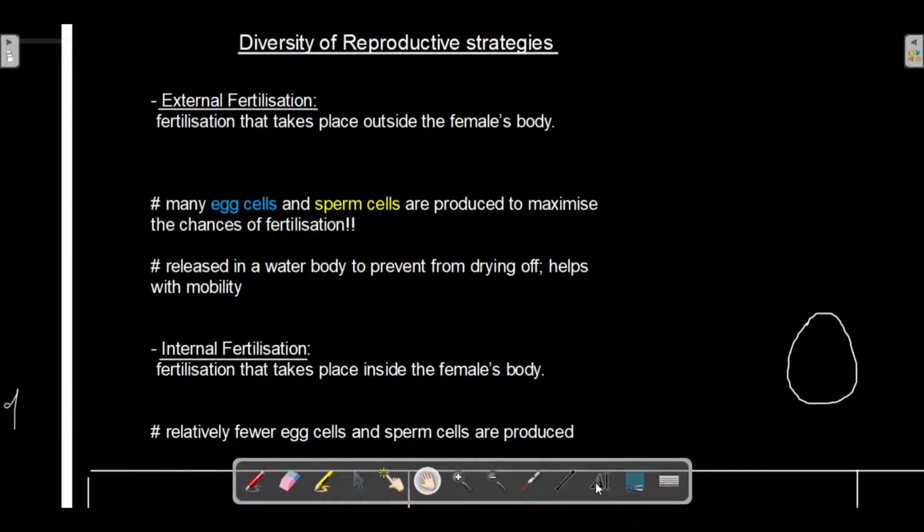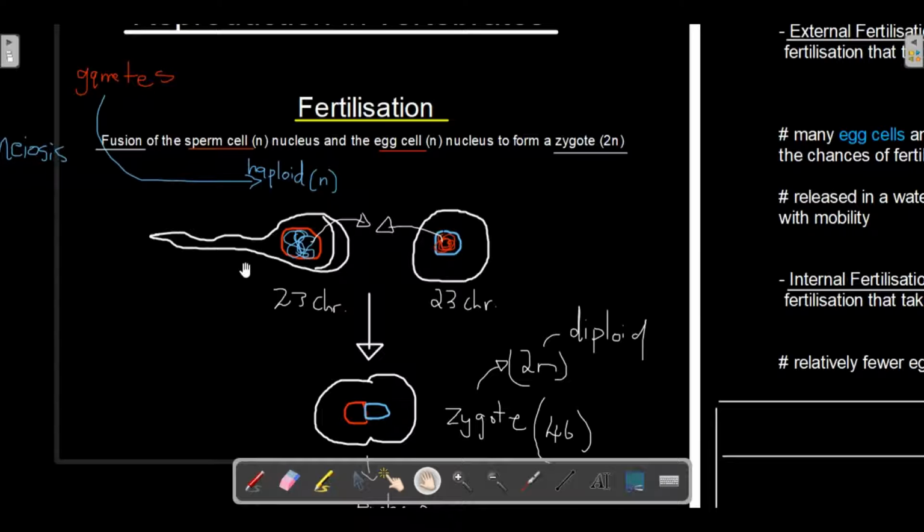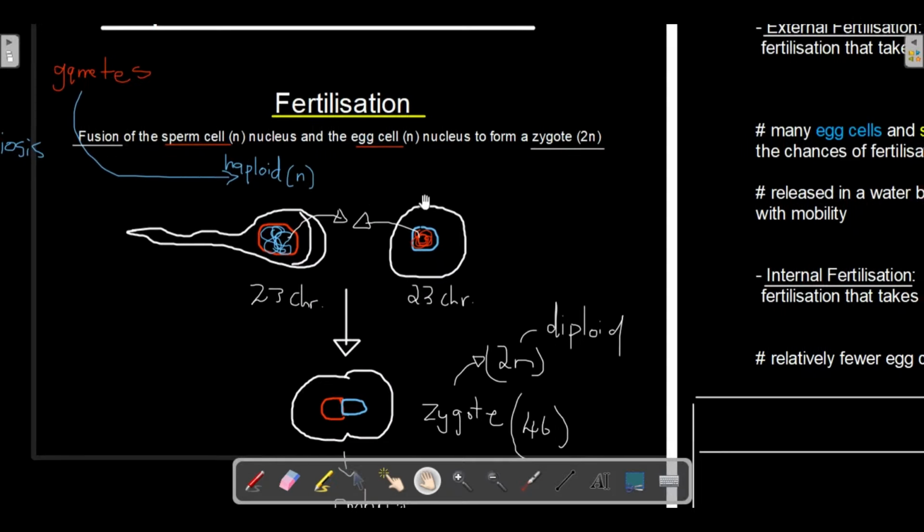So we have different types of fertilization. So fertilization does not only occur inside a female body, as we know. Okay, so as humans, we do know that this whole process actually occurs inside a female body. Okay, so in the fallopian tubes. So in this case, it does not represent all organisms.